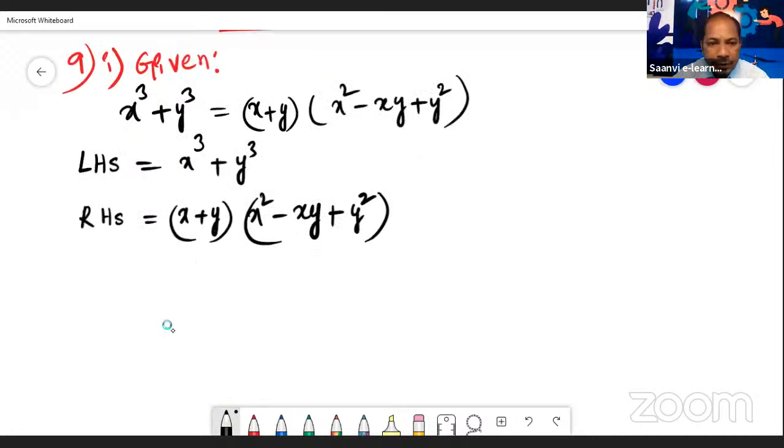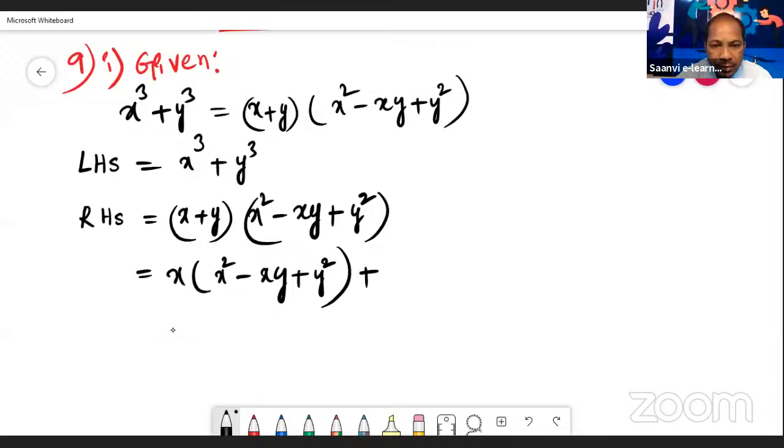So when we simplify this, multiply x plus y with this. First of all, multiply with x: x into x square minus xy plus y square. Next, plus y into x square minus xy plus y square.